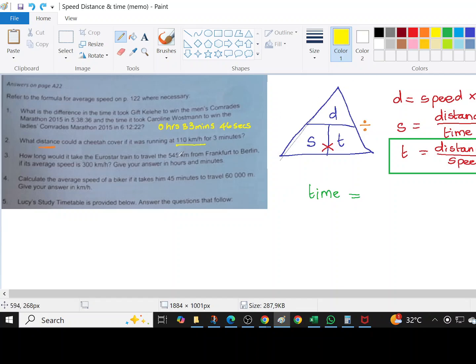It is 545 kilometers. Okay, so it's 545 kilometers over 300 kilometers per hour, which is the speed. You understand that so far?